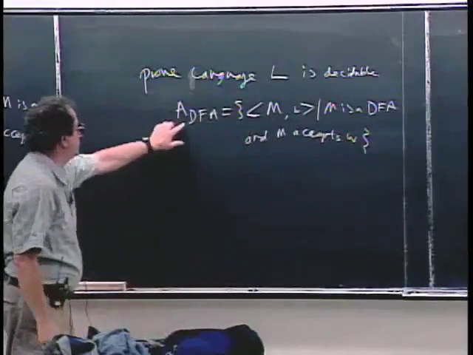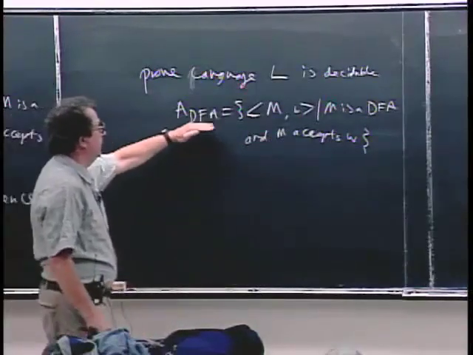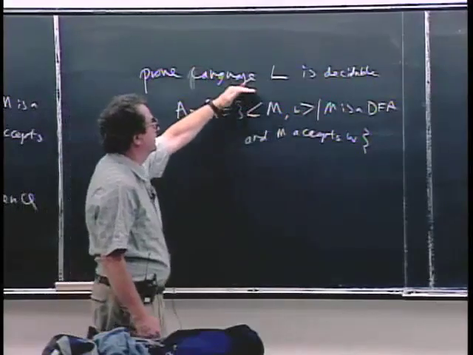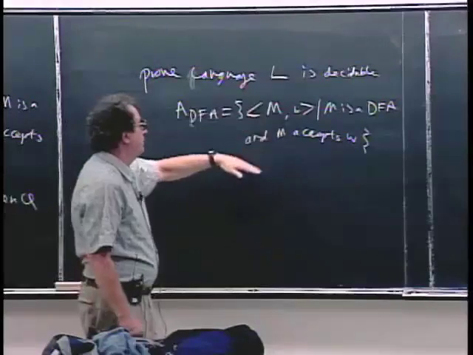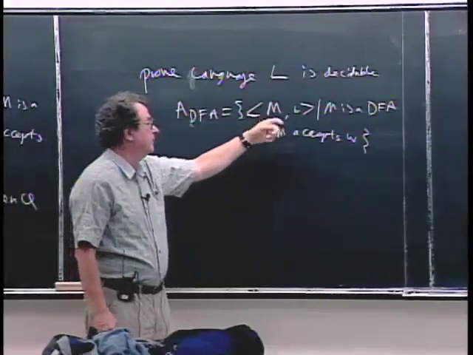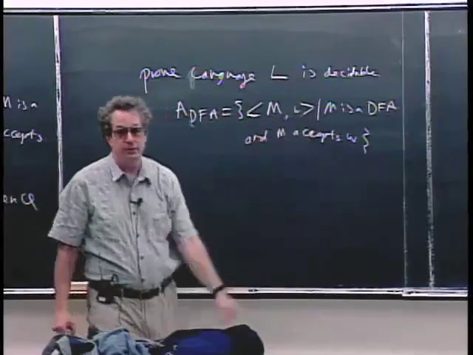So in order to show that this is decidable, you don't want to focus on M and show how the DFA M can decide W, whether W is in the language or not.